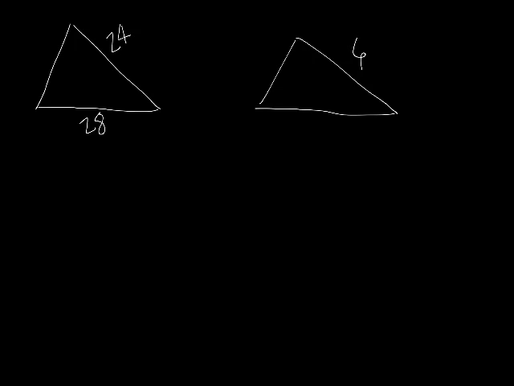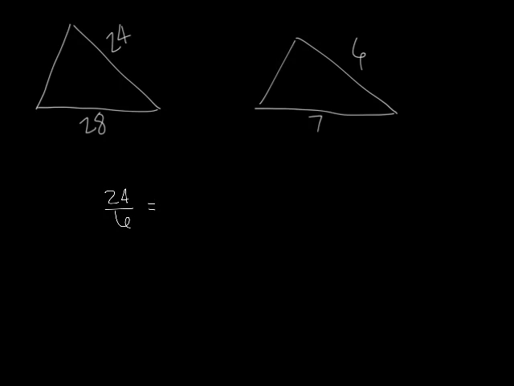and I tell you that they are similar, and I say this one's 24 and this one's 28, and this triangle here is 6 and 7, then the ratio between the two is going to be the same. So let's say that I looked at this side and this side, 24 to 6.